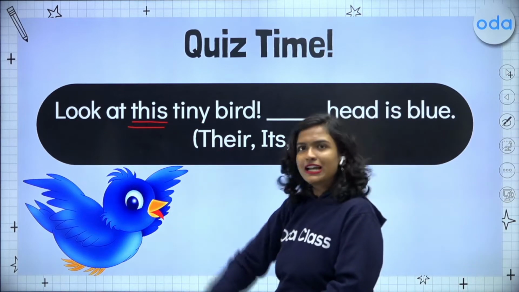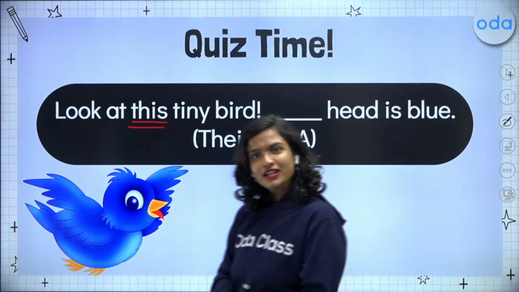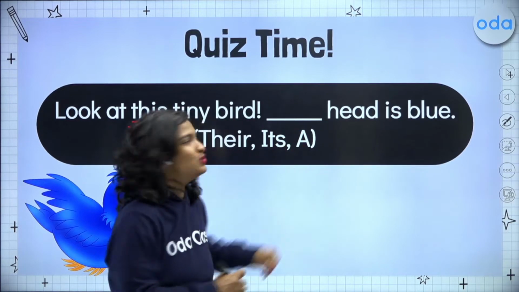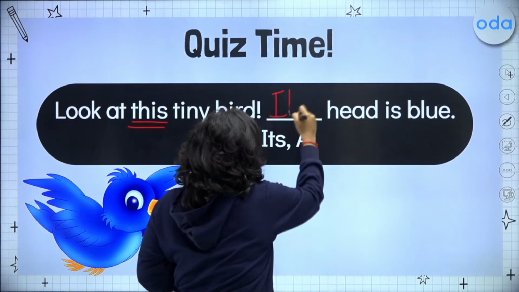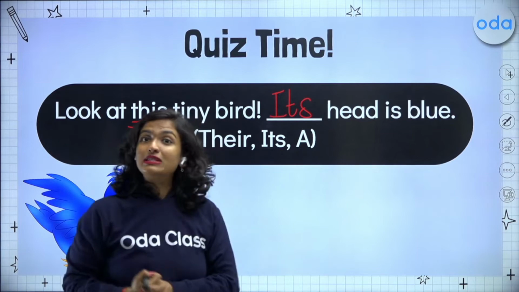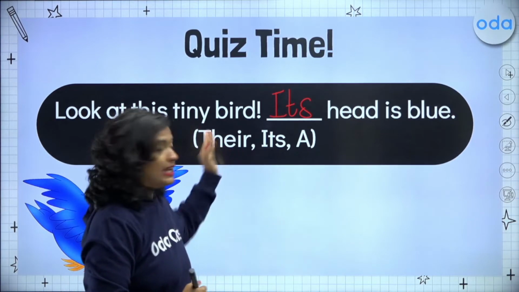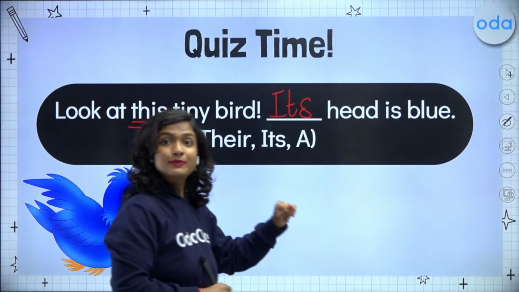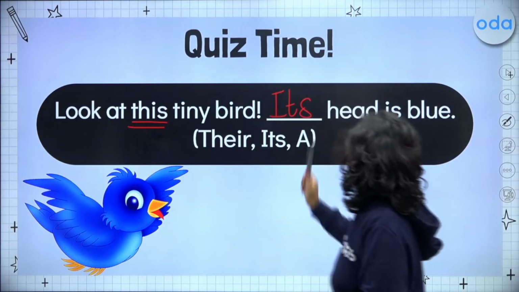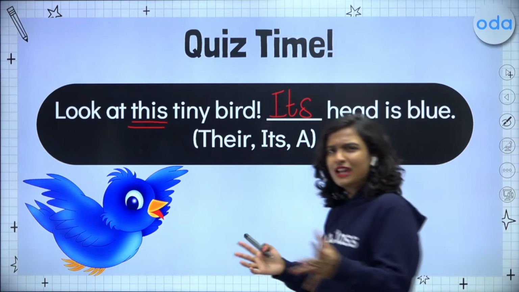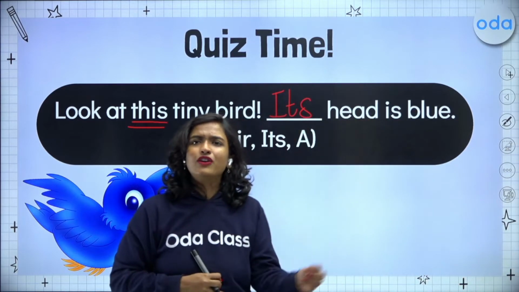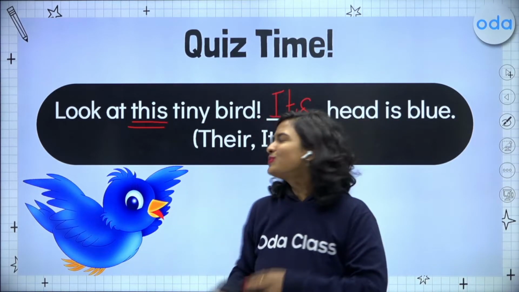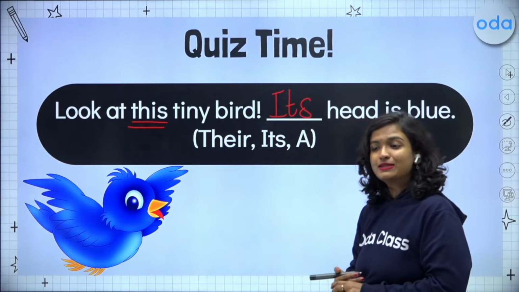So look at this tiny bird, which we see right here, right? Its head is blue. Now, if I use their over here, students, notice that doesn't make any sense because their is used for third person plural, correct? And then what about a? A head is blue, once again makes no sense, right? I am referring to the bird's head. That's why here I will be using its head.